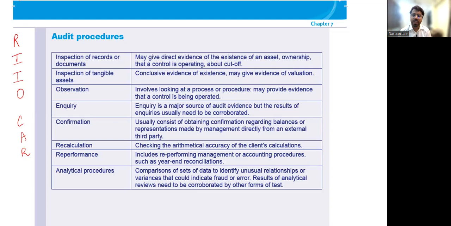It usually consists of obtaining confirmation regarding balances or representations made by management directly from an external third party. You are getting this confirmation directly from that party. It should not be the case that the banker is sending the confirmation letter to the client and then you're receiving it. No, ask the banker to directly send it to you. Similarly, ask the debtors or trade receivables to directly send that external confirmation to you. So that's confirmation.